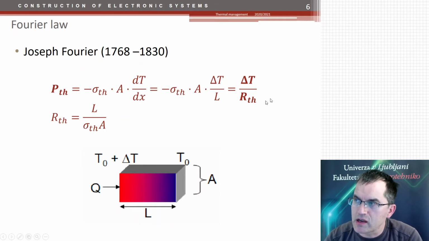Well, if you look at the equation here, you see that the power that is transferred through a single piece of material is proportional to the difference in temperature and the heat resistance. And the heat resistance is this parameter here, dependent on the length and the area and the specific conduction. It's very similar to the electrical conduction.